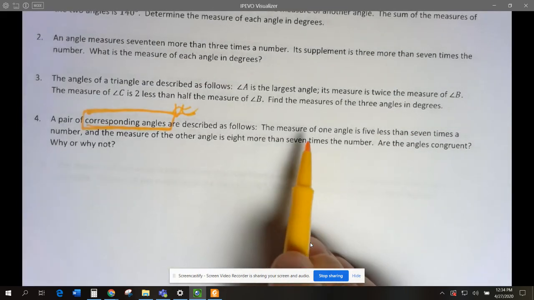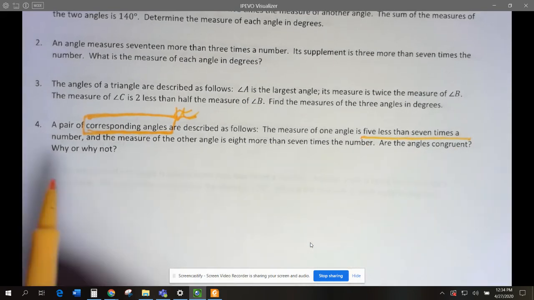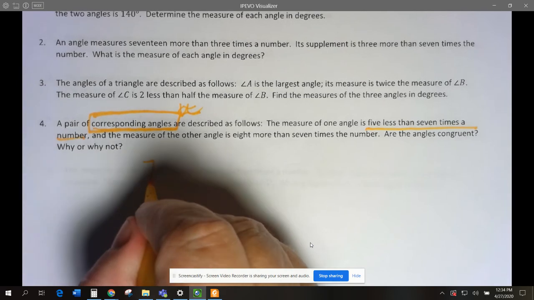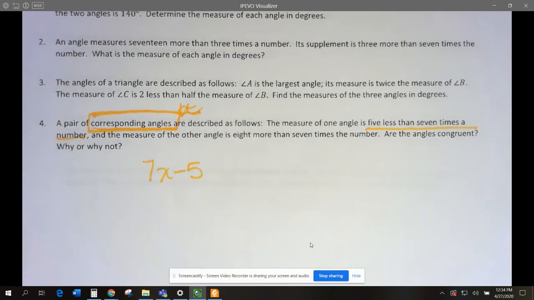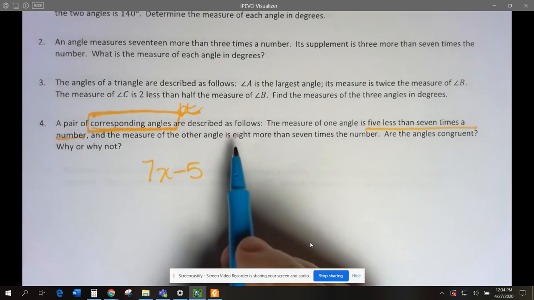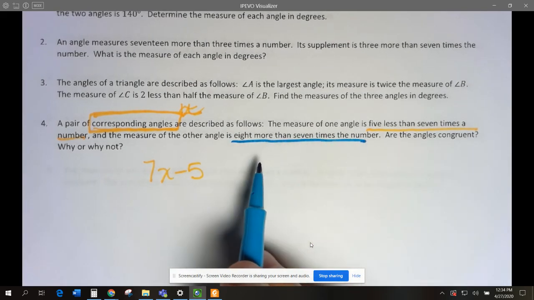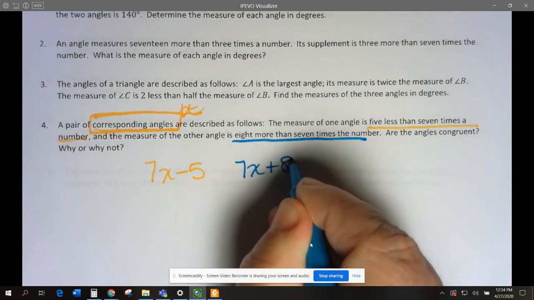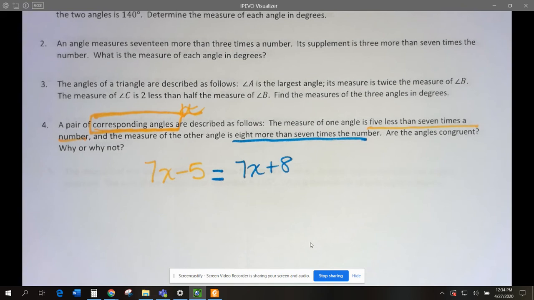So I guess we're deciding if these are parallel lines. So first we have 5 less than 7 times a number. 7 times a number minus 5. And the other one is 8 more than 7 times a number. 7 times a number plus 8. Are these congruent? Do these equal the same amount?